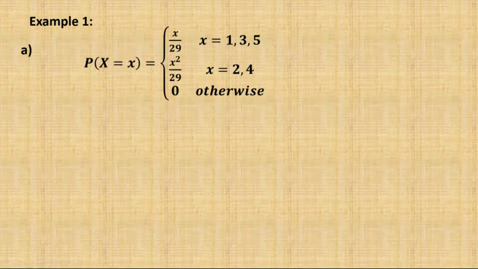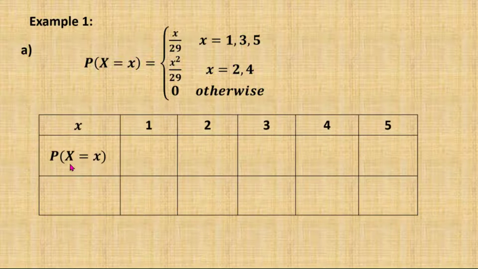To find the cumulative distribution function for a discrete random variable, one of the easy methods is using a probability distribution table. In the table, we list down all the possible values of x and the corresponding probabilities.